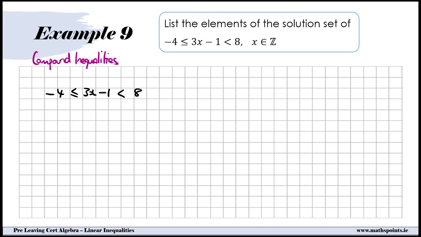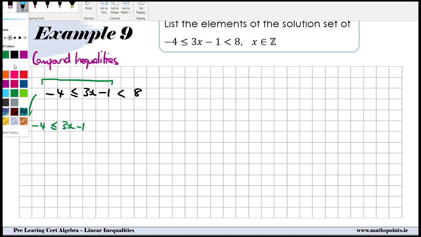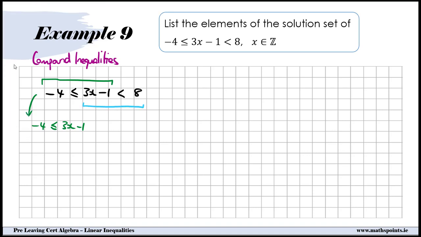So what I'm going to do is split this sum into two separate linear inequalities. The first one is going to be minus 4 is less than or equal to 3x minus 1. And then I'm going to do a separate inequality that looks at 3x minus 1 less than 8. We'll just write it down here.